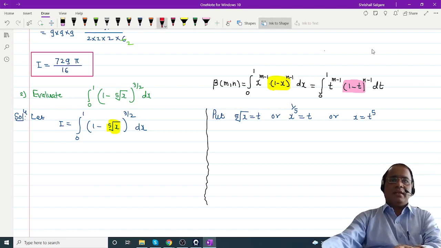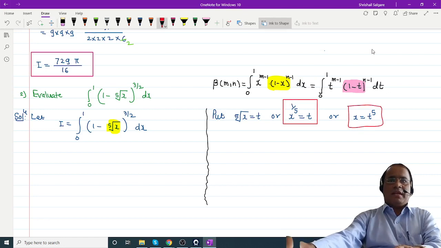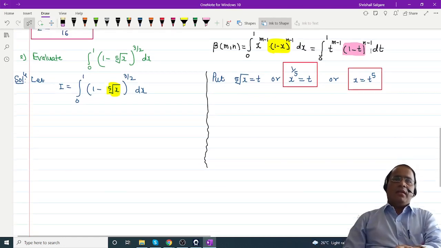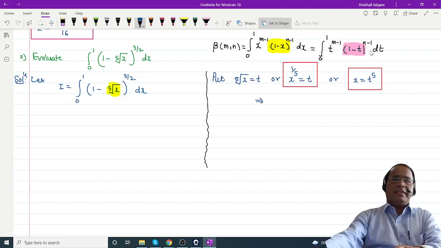You refer to this one or this one for further calculation. So now differentiate both sides. Therefore dx is equal to, by using the x raised to n formula, 5 into t raised to 4 dt. Now what about the limits? Given limits for x are from 0 to 1.